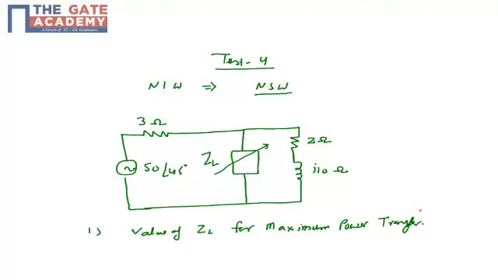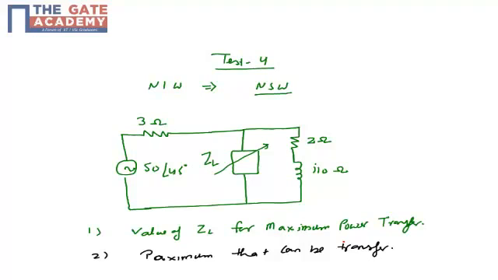The second problem is to calculate the maximum power that can be transferred. In the first problem, we calculate the value of ZL for maximum power transfer, and in the second problem we calculate that maximum power.